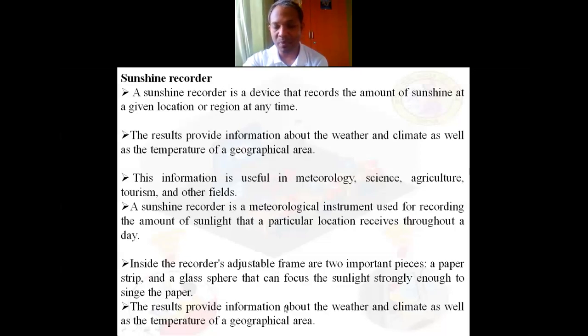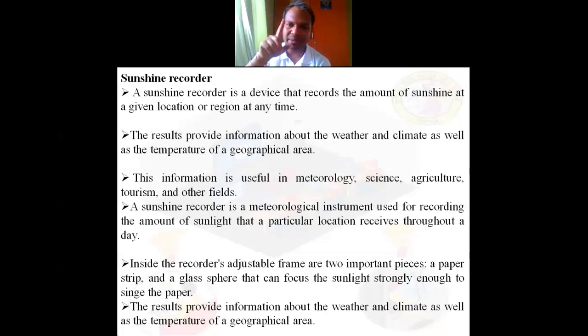geographic area. Now, before I proceed with this, I will also tell you about the seismograph, or rectometer, which you might have seen with earthquakes. Soon after or before the earthquake, they will get a graph. They will tell you the intensity of an earthquake that is going to happen, or the intensity of the earthquake that has happened.